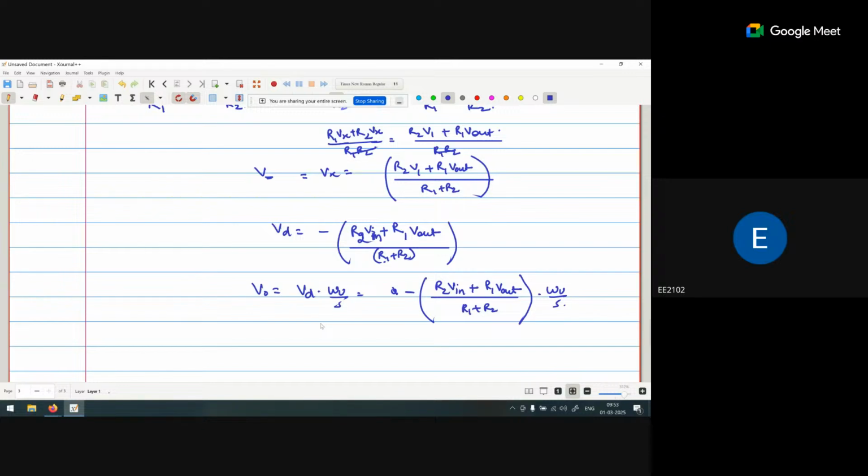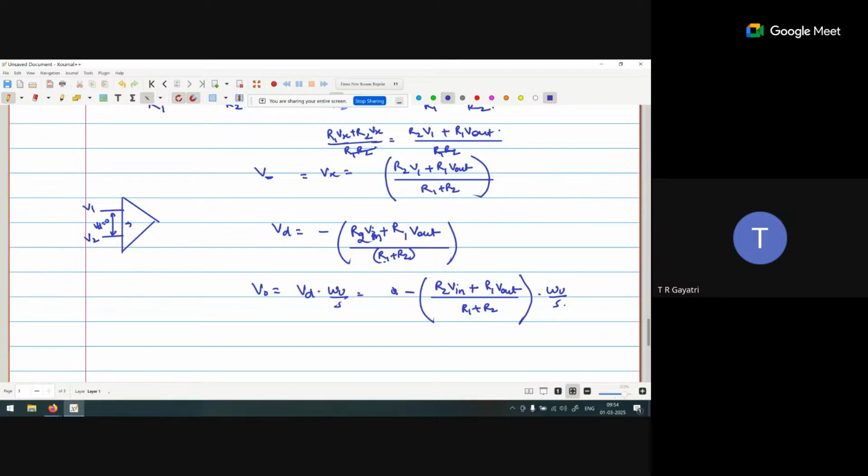For example, if this is my operational amplifier, this is the V1 terminal and this is the V2 terminal. If I say the current is not passing through the operational amplifier, that means the difference between these two is zero.